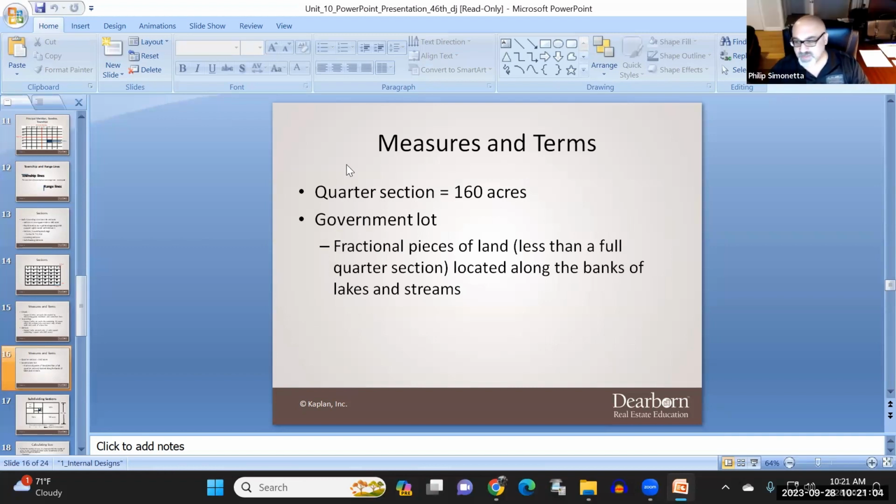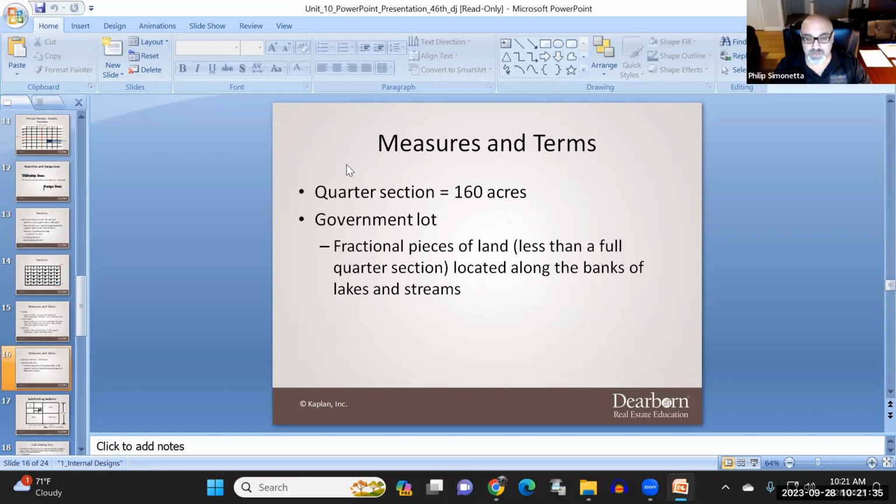So if that section is broken into 4, what's 640 divided by 4? 160. There you go. So if you have 640 acres in a section, which is 1 mile by 1 mile, and you cut that into 4, it's 160, 160, 160, 160. It breaks that into 4.